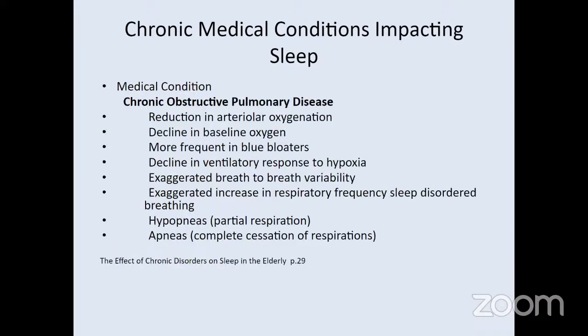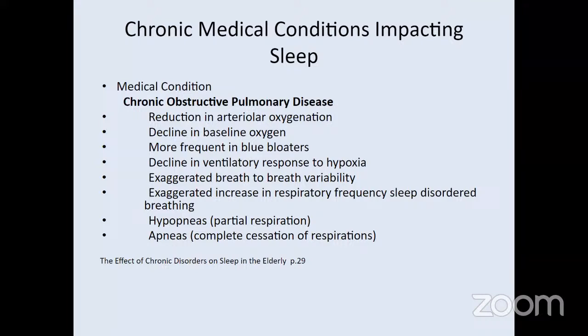Another condition that is well known to cause sleep disorders is chronic obstructive pulmonary disease, COPD, through reduction in arterial oxygenation, decline in baseline oxygen, and it is more frequent in blue bloaters.